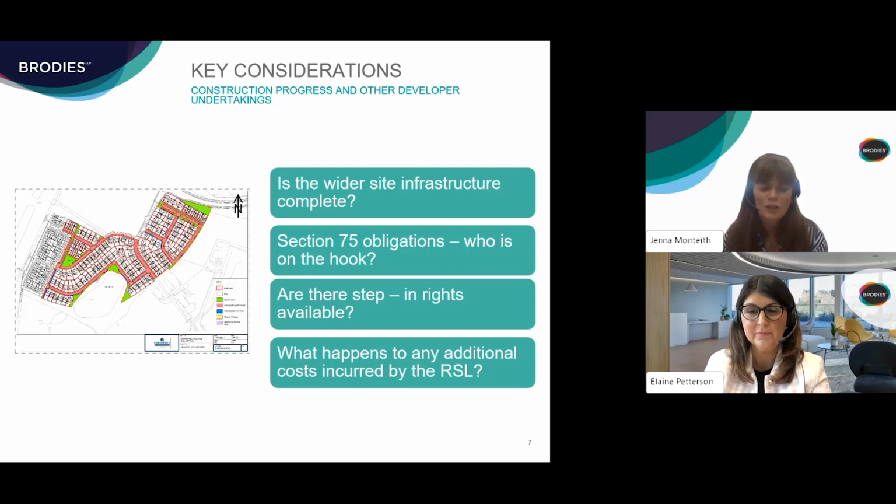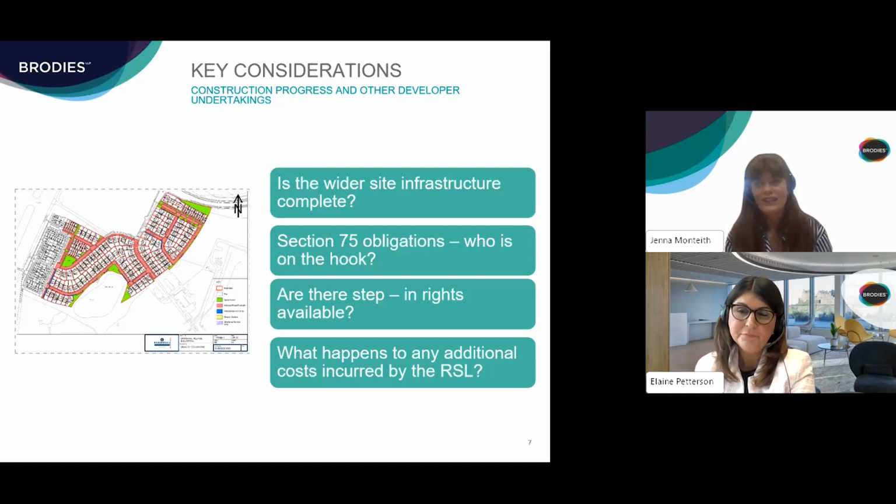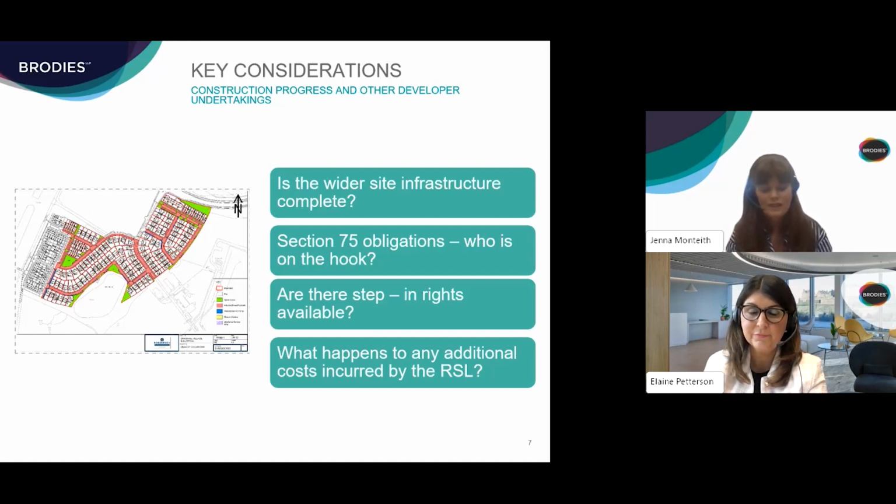I suppose that's going to be quite an important clause to consider in the scenario where the house builder has gone into administration, because it's likely in that scenario that the administrator may not perform that obligation, in which case the RSL would be on the hook to the planning authority for the performance of obligations under the Section 75, which wouldn't necessarily have been envisaged. So Section 75s are a good example of an area where the RSL should be alive and aware of the obligations that could apply if the house builder was ever to go into administration.